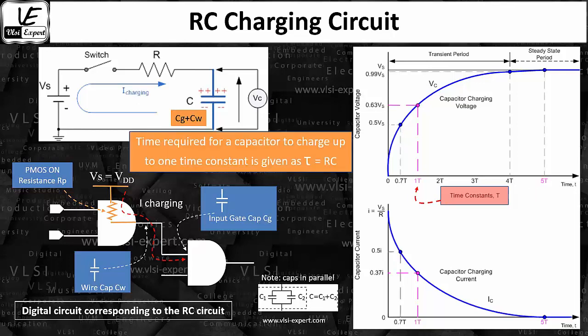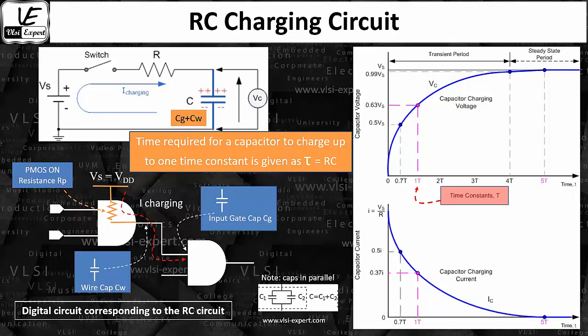Time required for a capacitor to charge up to one time constant. So always remember, one time constant is given as tau equals RC. It doesn't mean that tau equals RC is the time taken by the capacitor to fully charge.